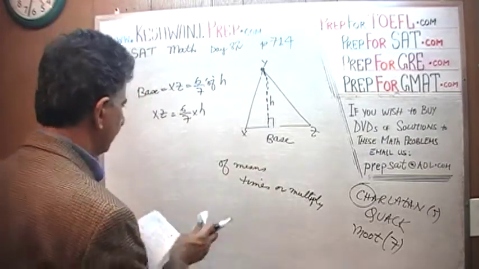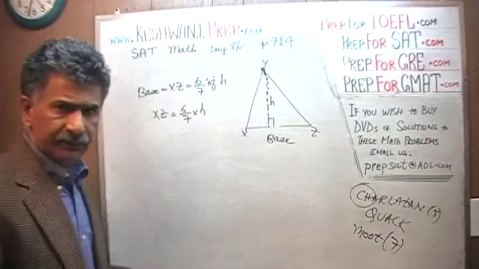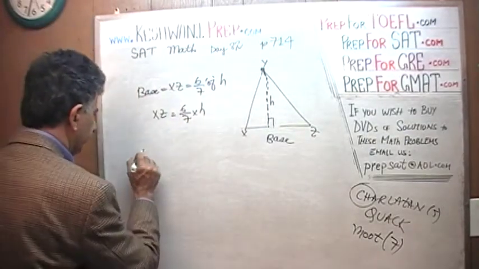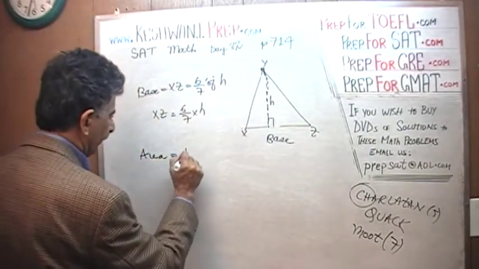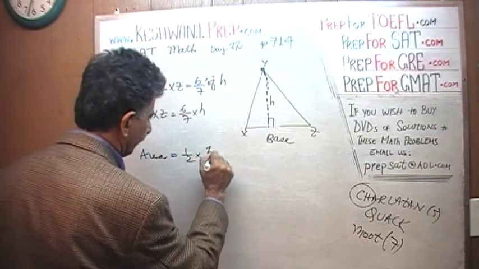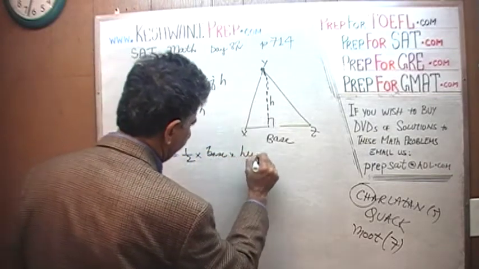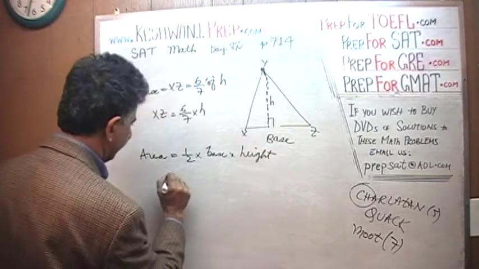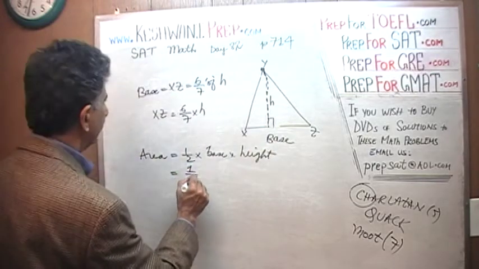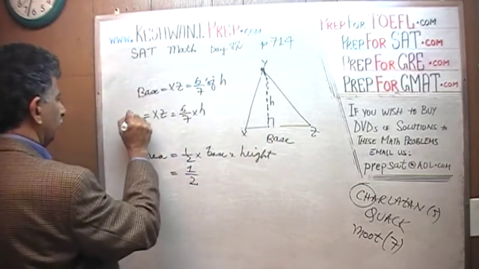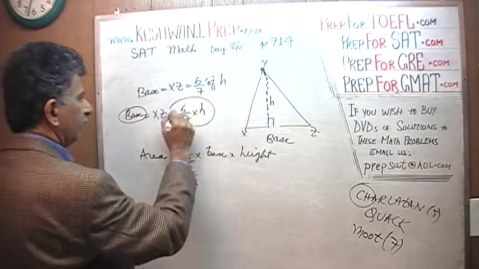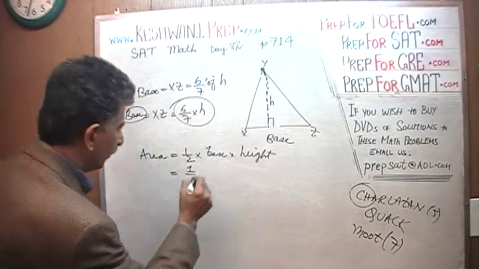Alright, let's find the area. The area of any triangle for that matter is simply equals 1/2 base times height. But we know that base equals 6/7 of height. So let's put it in here.